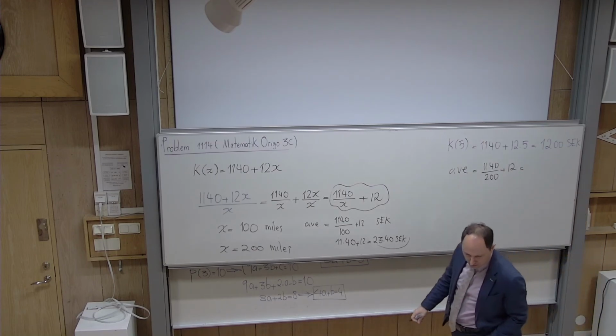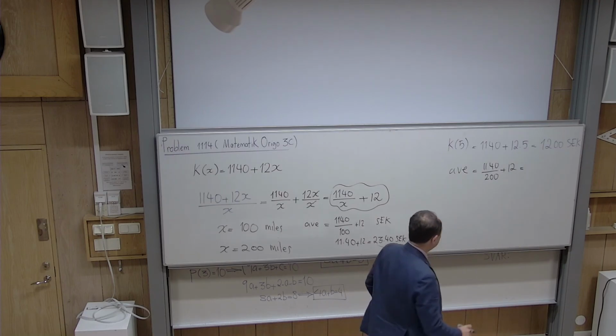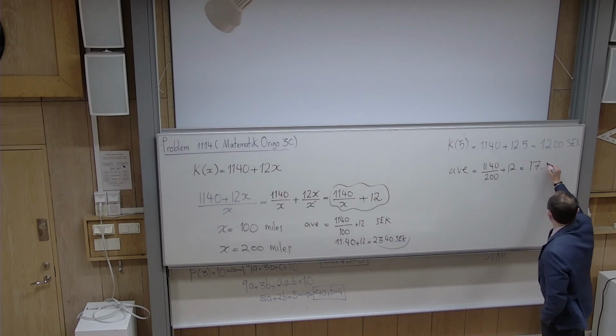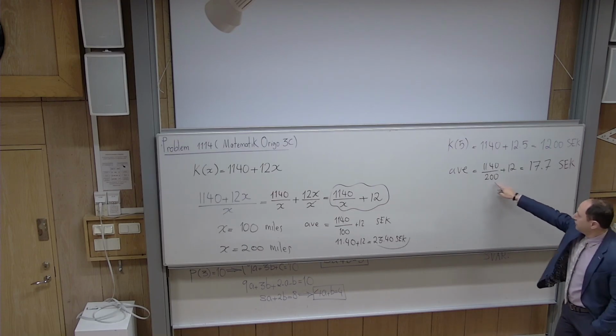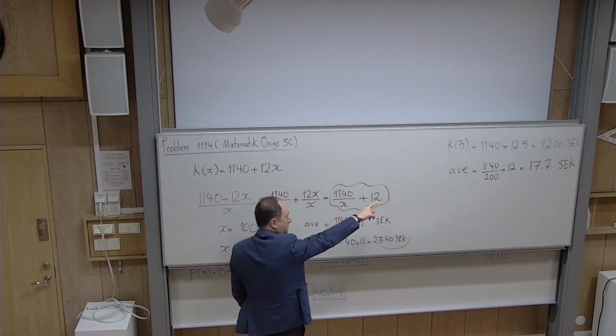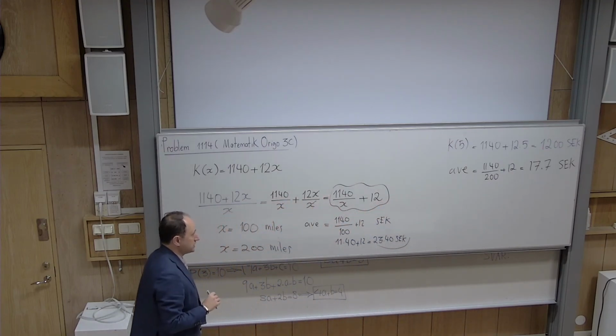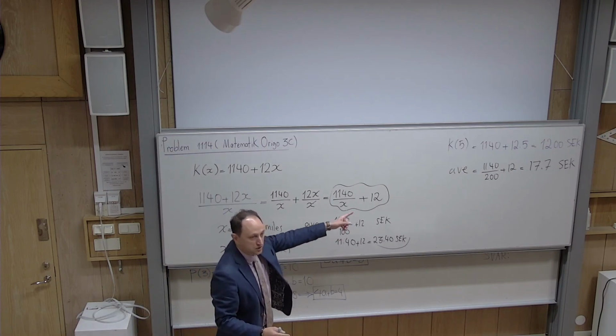The calculation is here. 17.7 crowns. So you see that if you drive larger distances, this is more beneficial because the price per mile reduces to 17.7. And the question is how much is this difference?